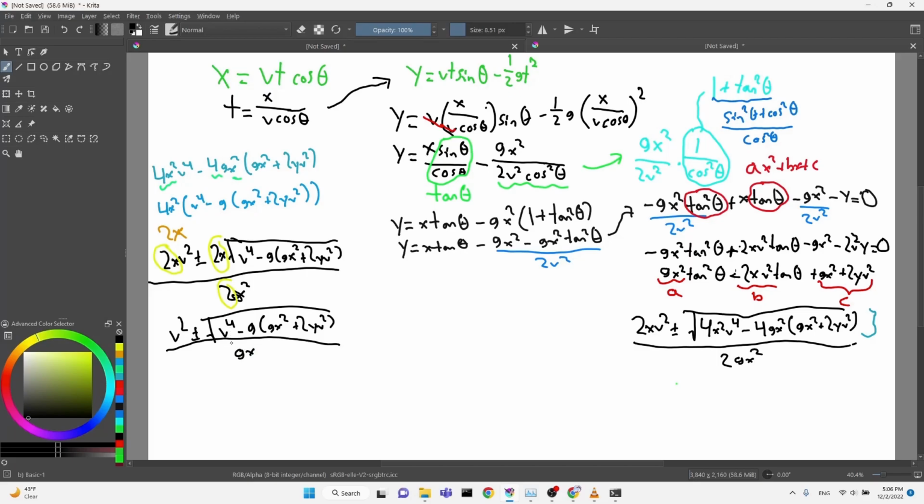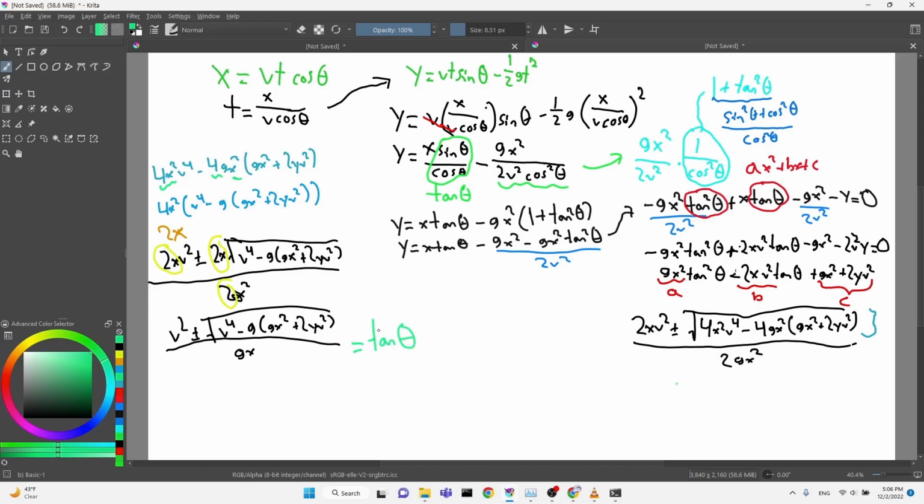And I don't see anything that's more simplified. So now we can set that equal to our x, which is tangent of theta.